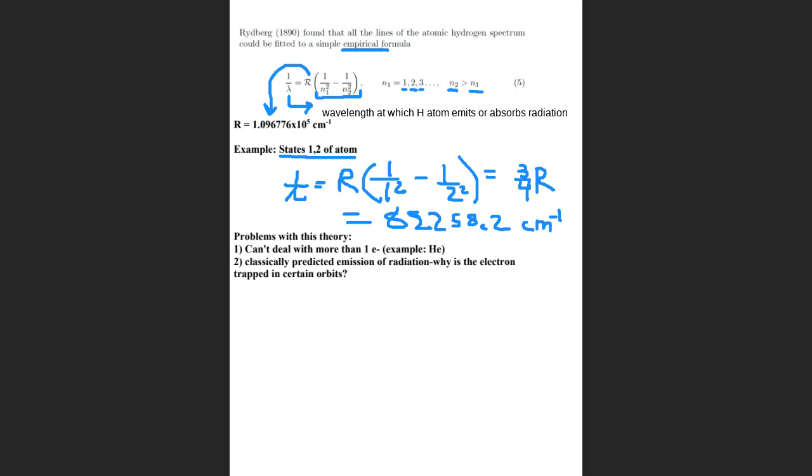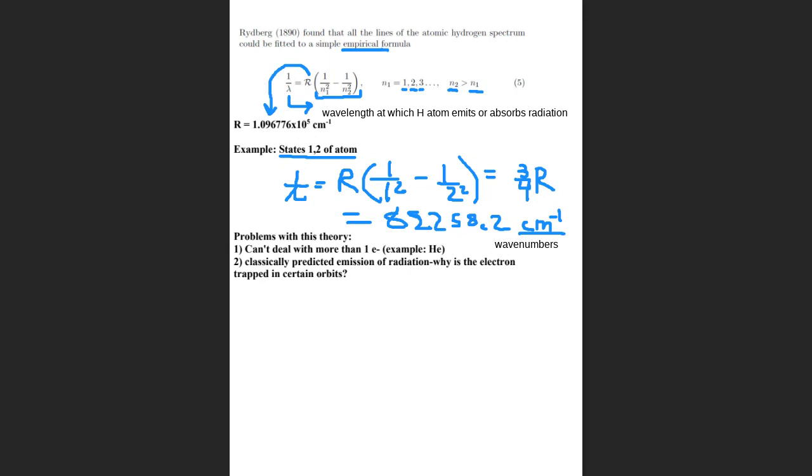Perhaps the most interesting part about it are these 1/centimeter units, which are called wave numbers. You probably had the experience with wave numbers for the peaks at which light or radiation is absorbed back in organic chemistry and IR spectroscopy.